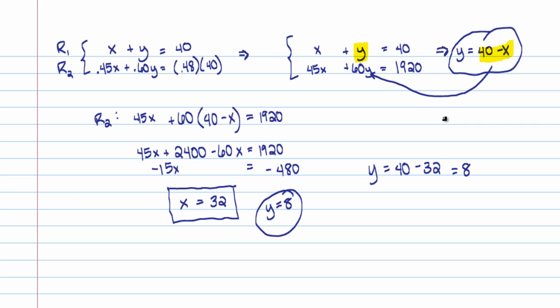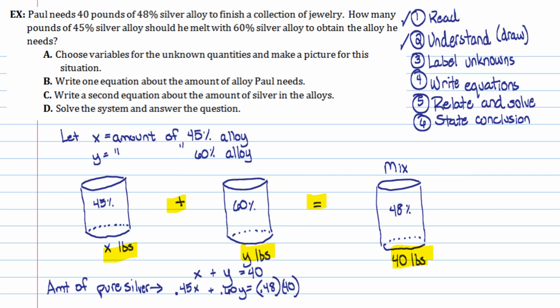Now that I know that x is 32 and y is 8, go back to the original problem. I know I labeled my unknowns, I wrote equations, I related and solved. Let me state the conclusion. X is 32, which means we need 32 pounds of 45% alloy and 8 pounds of the 60%.